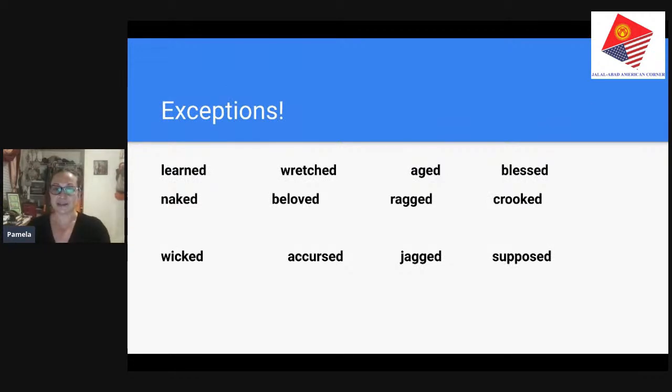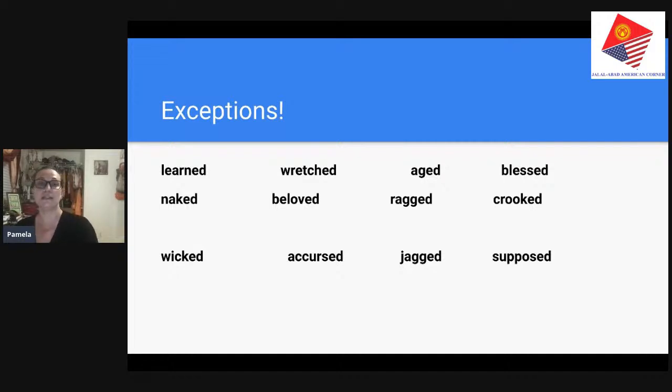Of course, there's always exceptions. The exception here is adjectives. So if you see these kinds of words in the context of being an adjective, so if we look at this first word here, and it's spelled learned, you have to see the context to know how it's pronounced.